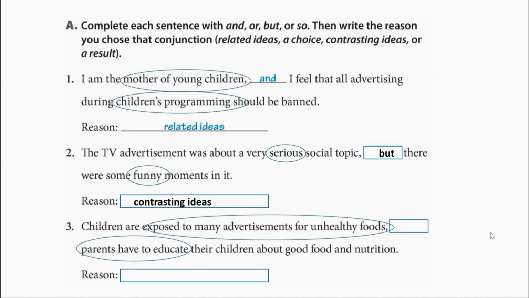We know parents have to educate because something has happened before. So the parents educating the children is a result of advertisements being spread amongst the children for unhealthy foods. So the answer is so, and the reason is a result.